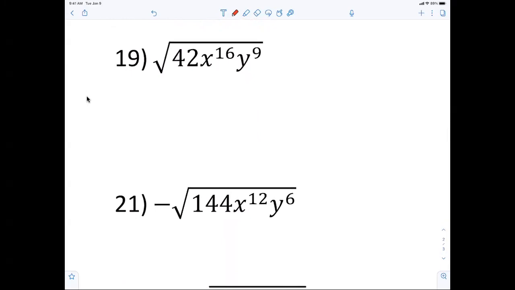19, go, 30 seconds. Now, those of you using a calculator, you don't really need a calculator. Are there any perfect squares in 42?